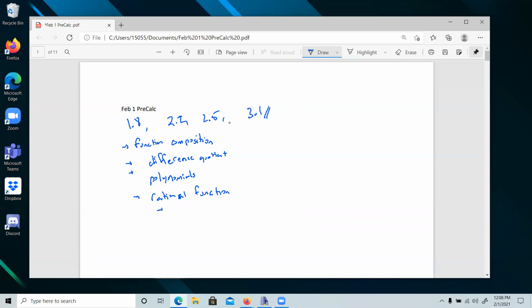They'll go ahead and tell you to plot 2 points on each side, that kind of stuff. Okay. And then 3.1, this was inverse functions. Just so you know, my favorite flavor of inverse function problem is when we have a rational function.